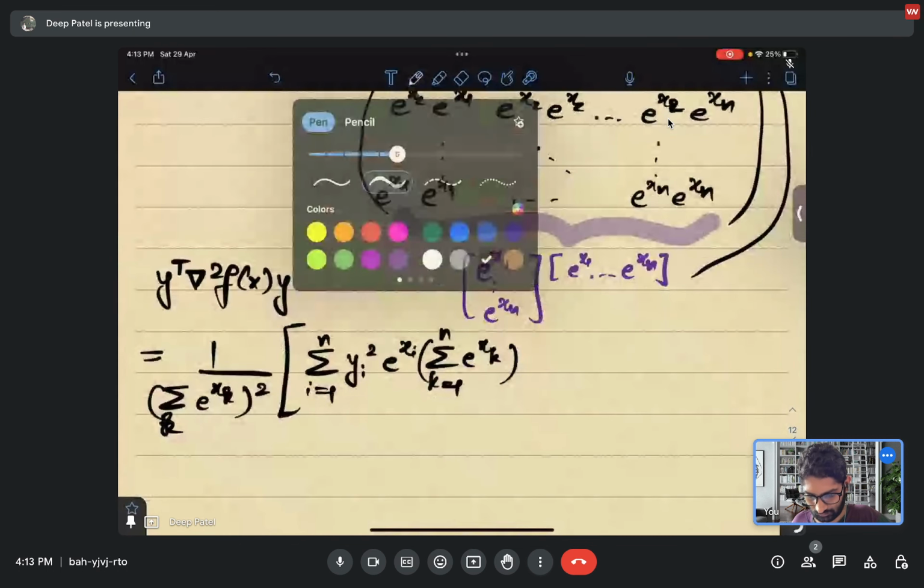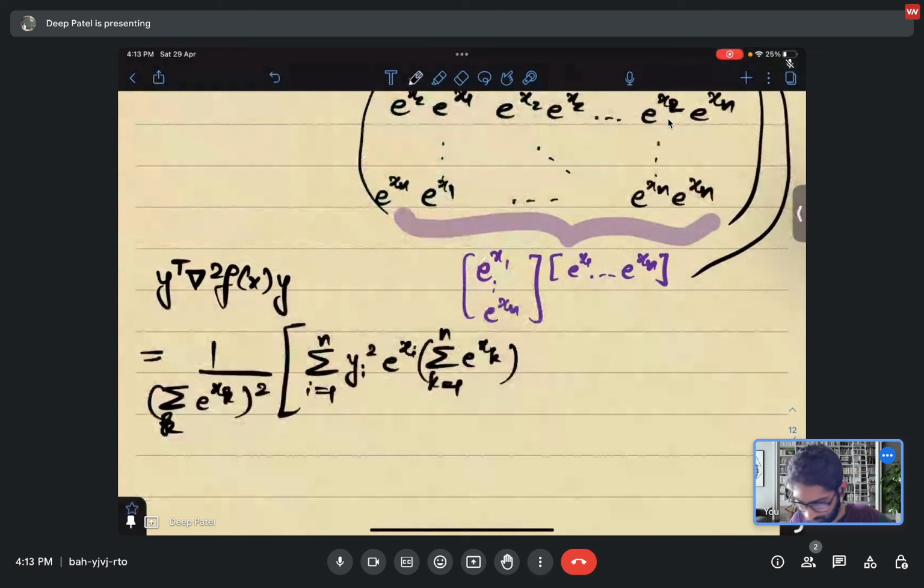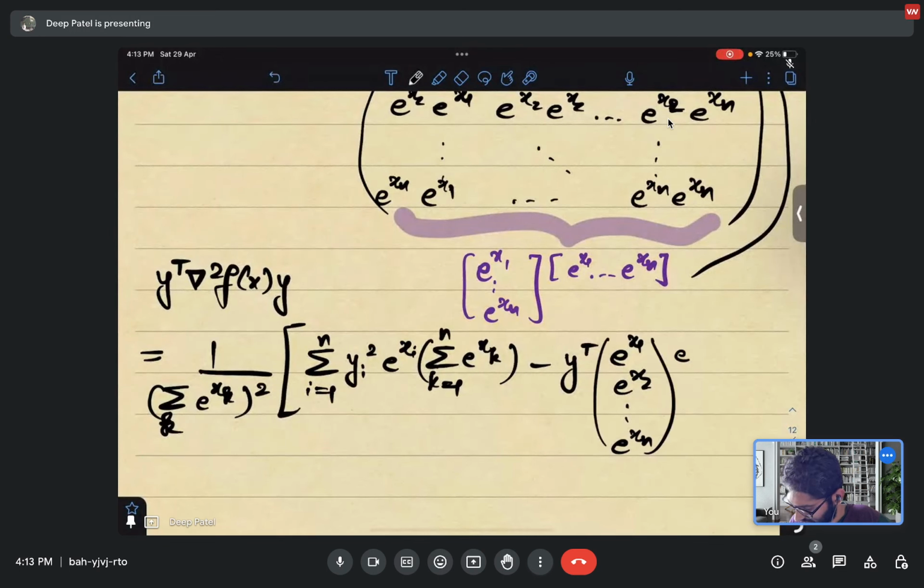So y transpose, e to the x1, e to the x2, ... e to the xn, e to the x1 ... e to the xn, y. There's a reason for why I'm writing it like this, rather than simplifying the matrix and then proceeding ahead with the calculation.